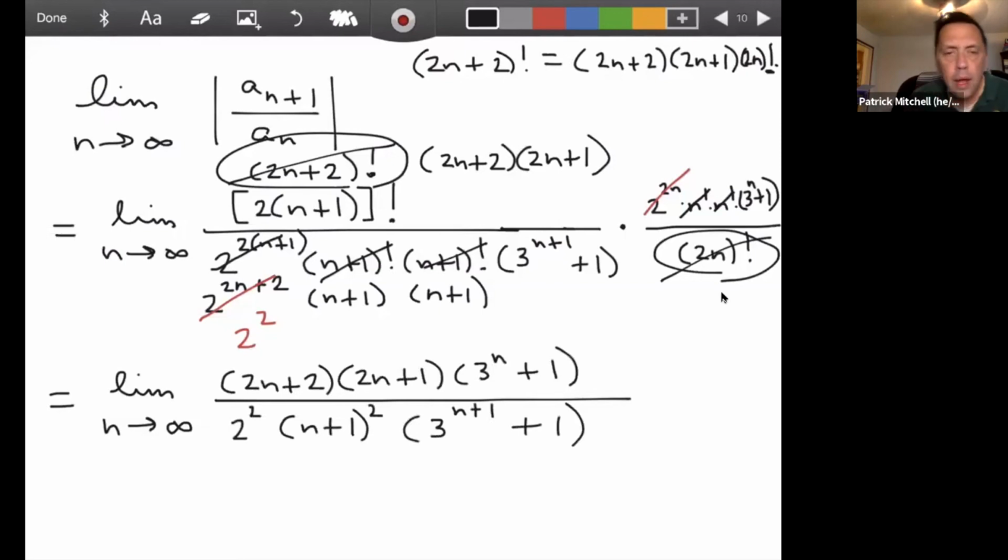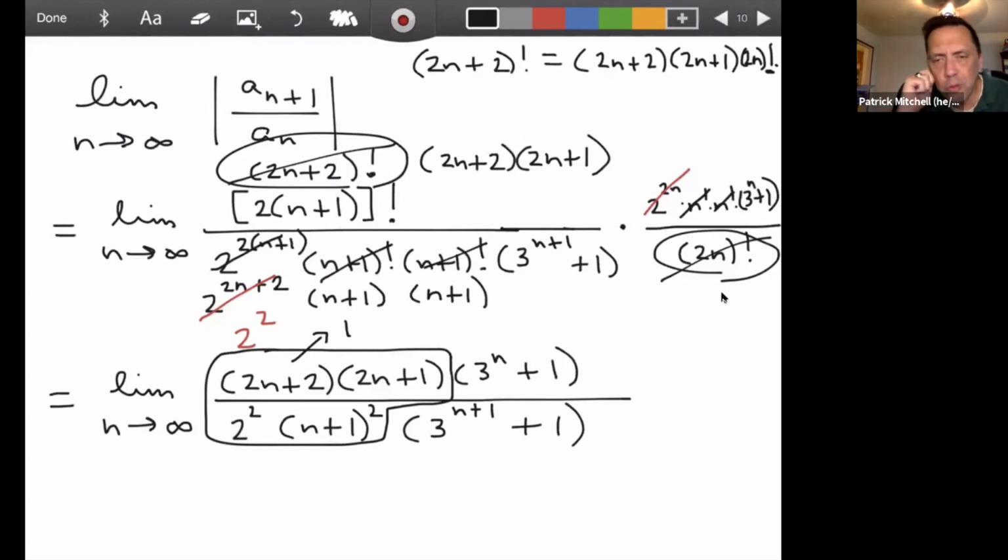Okay. So I am going to, well, this part right here is a rational expression. The leading term upstairs is 4n squared. The leading term downstairs is 4n squared. That part of the expression is going to go to 1. Okay. Now I'm going to say something and I'm going to leave it for you to fill in the details. Let's talk about 3 to the n add 1 divided by 3 to the n plus 1 add 1.